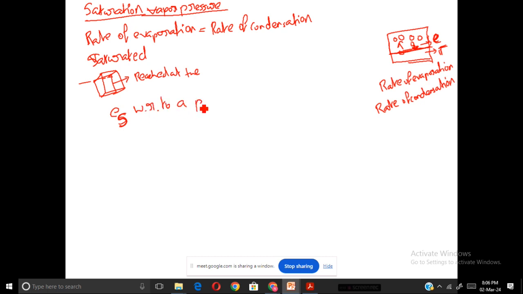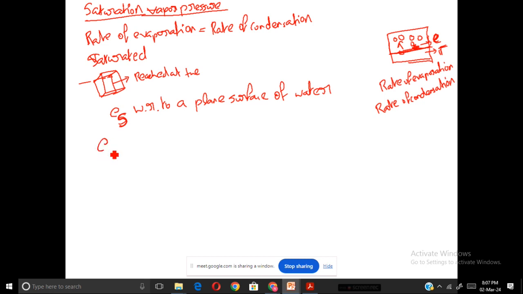The pressure that the water molecules exert on this water surface is basically vapor pressure. So saturation vapor pressure is when the rate of evaporation and rate of condensation become equal, or in simple terms, when the parcel is holding the maximum water vapor that it can hold, the vapor pressure exerted by the water molecules at that point is known as the saturation vapor pressure.